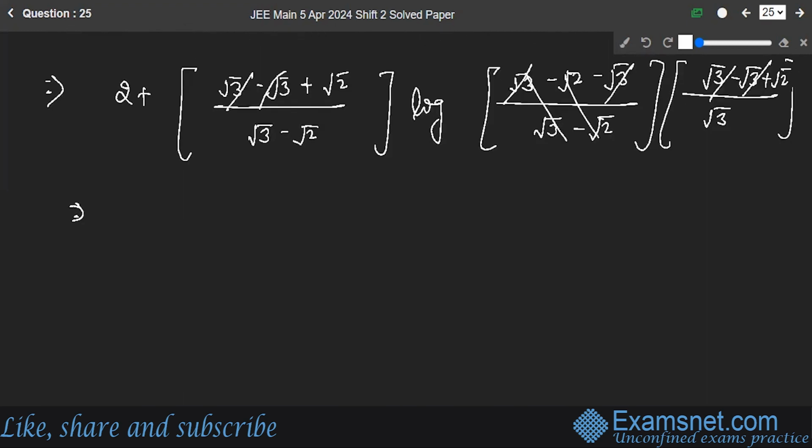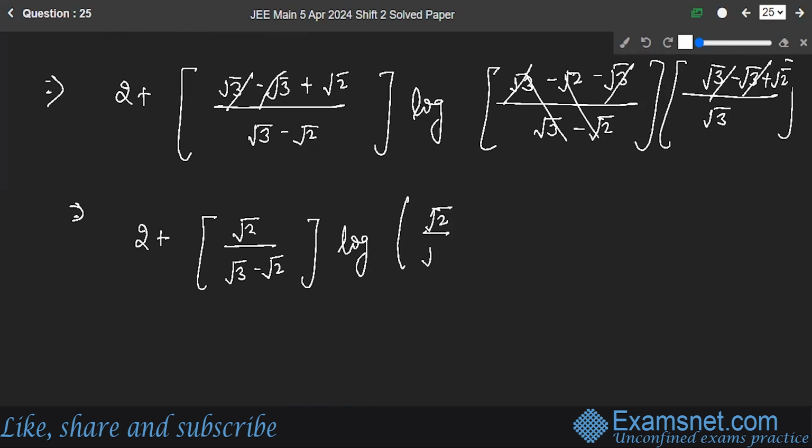This will be equal to 2 plus root 2 upon root 3 minus root 2 log of this root 2 upon root 3. Correct. So this is 2 plus, let's rationalize the denominator.